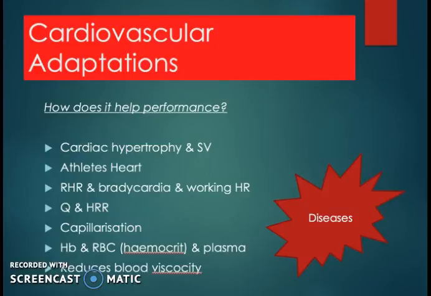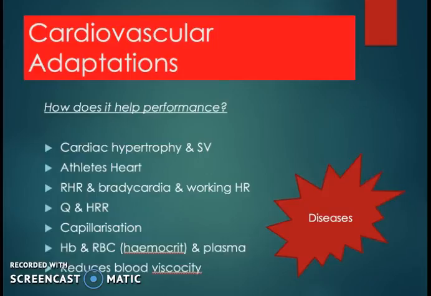Also, performance wise, if athletes do get these adaptations, for example sprinters, if they were able to increase their cardiac hypertrophy, this means they would be able to have athlete's heart and sprint quite quickly because blood gets around the body quite fast, although they don't really need that much oxygen.